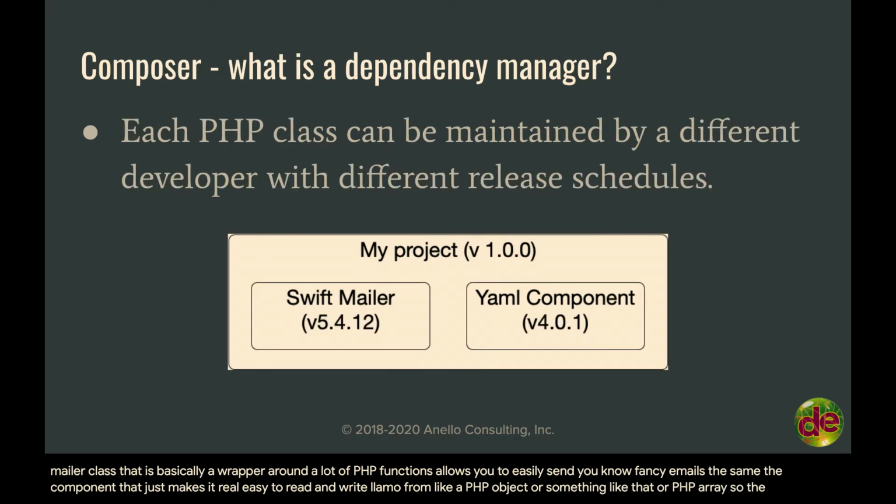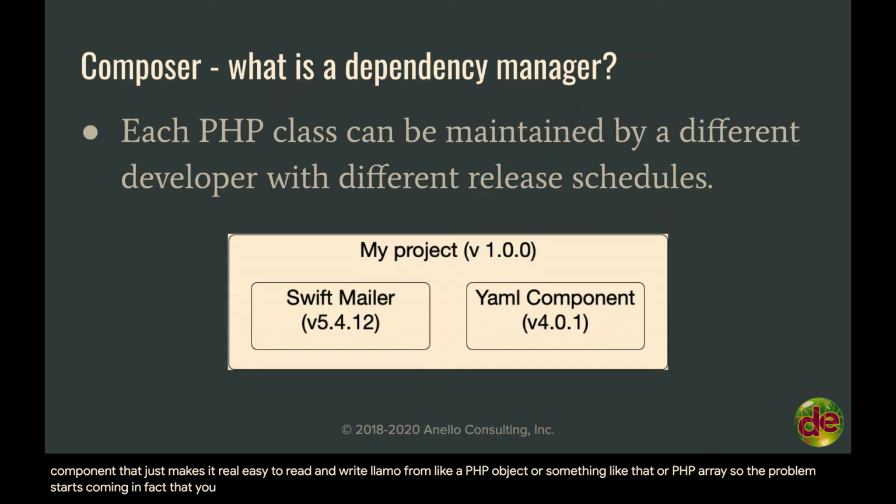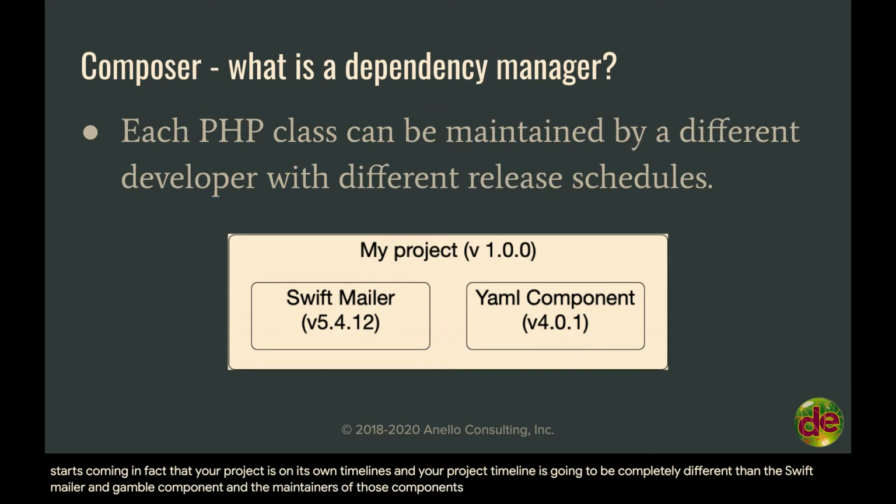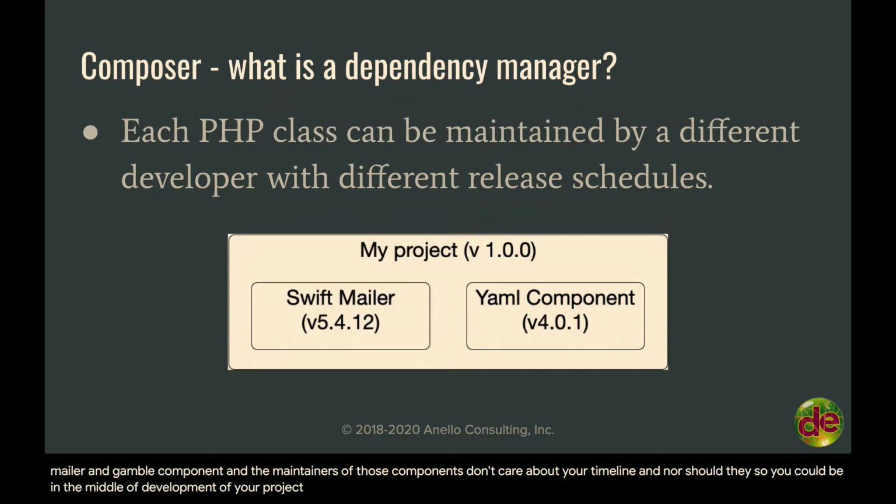So the problem starts coming in the fact that your project is on its own timeline. And your project's timeline is going to be completely different than Swift mailer and YAML component, and the maintainers of those components don't care about your timeline, and nor should they. So you could be in the middle of development of your project, and maybe there's a new 6.0 version of Swift mailer.